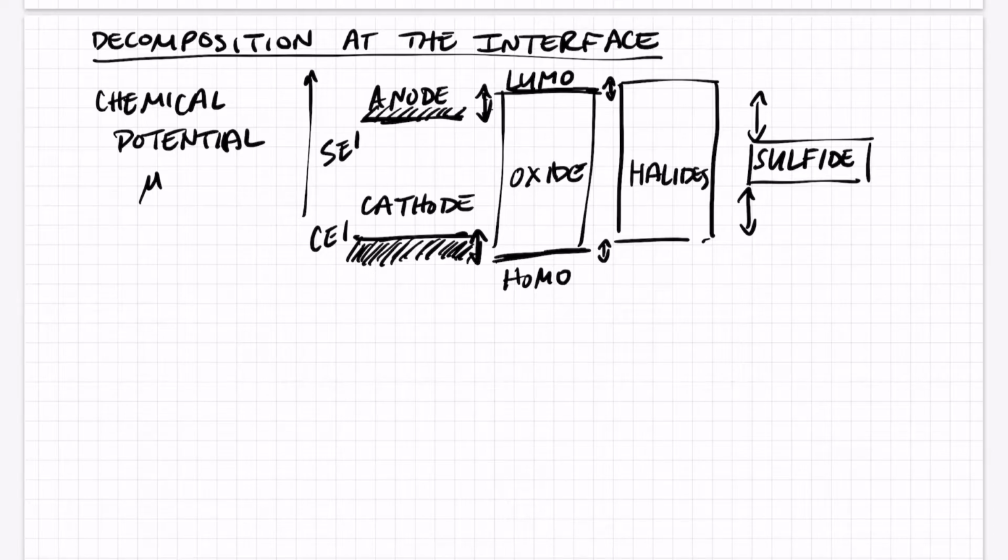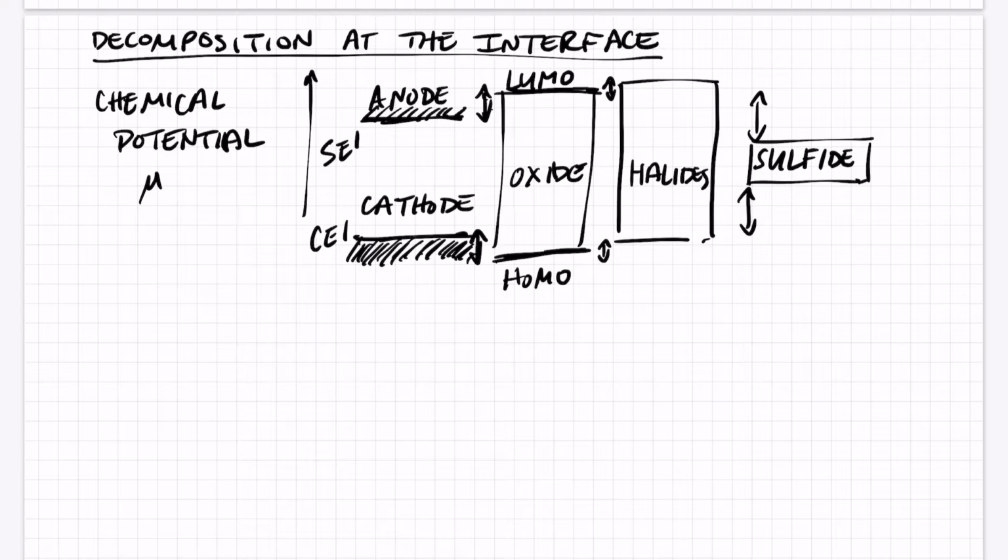So the chemical potential difference between halides, oxides, sulfides, and that of where the chemical potentials for anode and cathodes are quite different. So you could see what we've talked about in terms of utilizing the sulfide-based solid electrolytes, for the reasons that they have high ion conductivity.